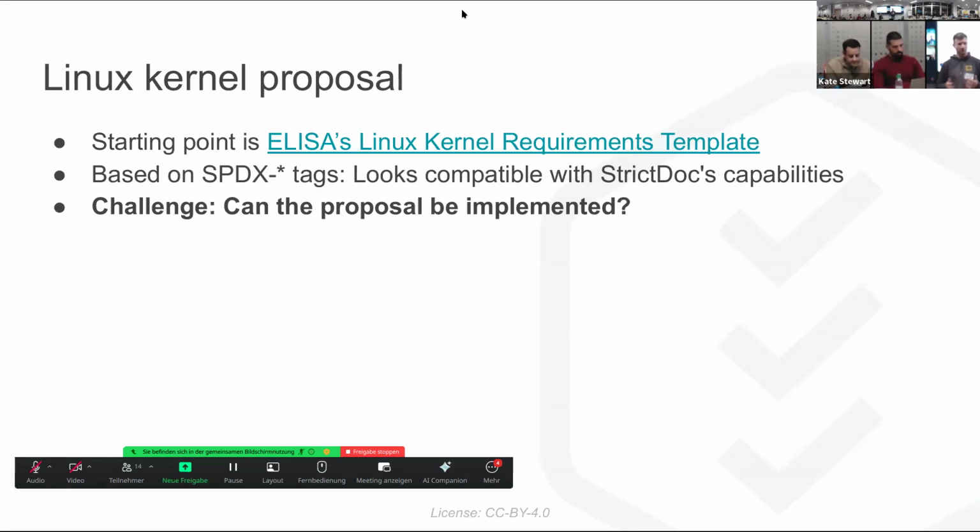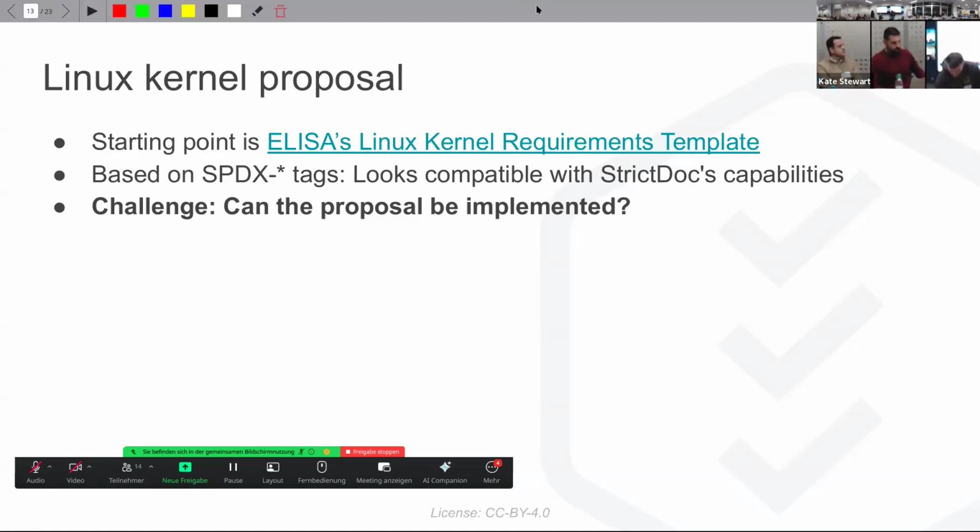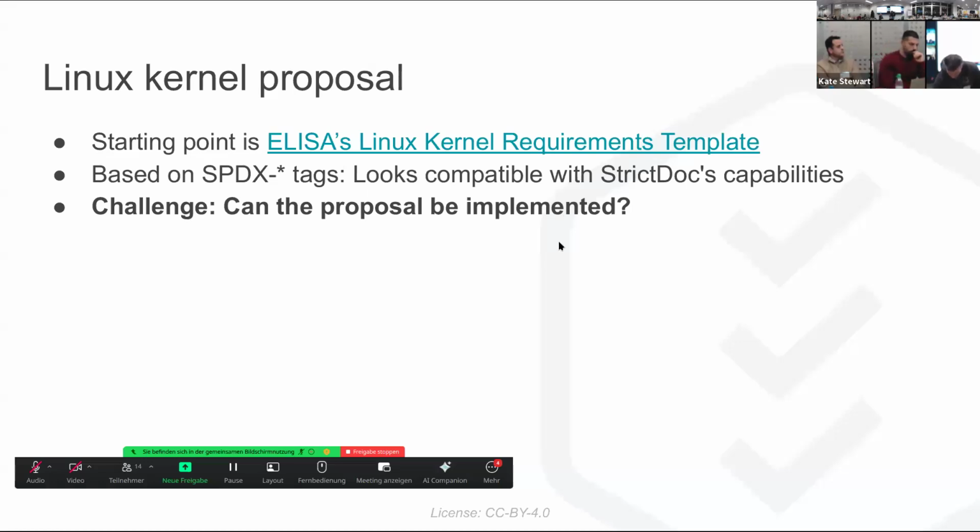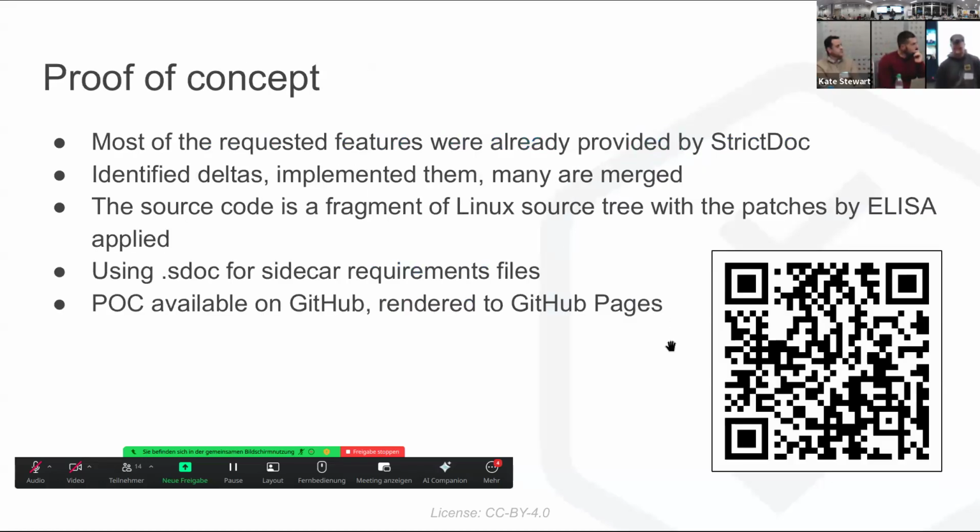We just need some enhancements in StrictDoc, and so we challenged ourselves: can we implement the missing parts? And yes, we can. If you are interested in looking at it interactively, you can take a photo and follow the QR code. But I will go through it anyway now.